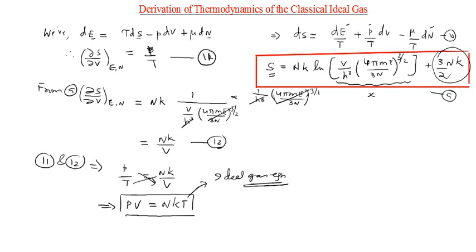We went through some statistical principles by calculating the number of microstates, omega, phase space volume, and then we obtained a semi-classical expression for the entropy, and from that entropy, by following the recipe that we have discussed, we are able to derive the hallmark equation of the classical ideal gas, PV equal to NkT.